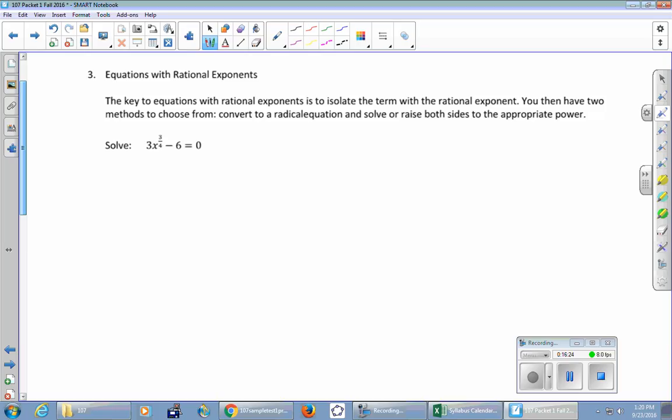Okay, I'm going to treat this piece right here just like I treated the square root of x. If that were a square root of x, what would the first steps be? It's to isolate it, right? Isolate that square root. It's still the same thing. We're going to isolate that x to the 3/4. What needs to move first, the 3 or the -6? The -6. Add that to both sides. 3x to the 3/4 equals 6.